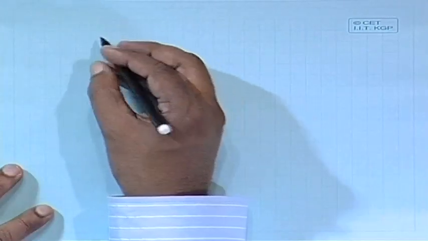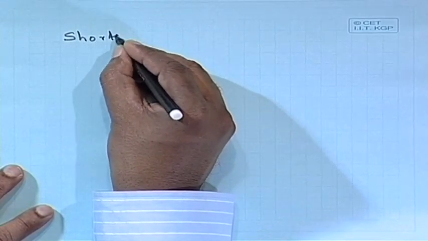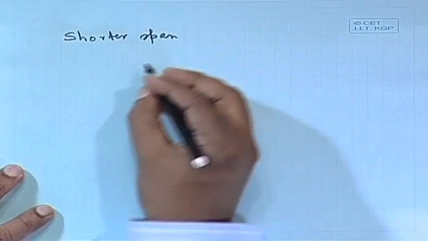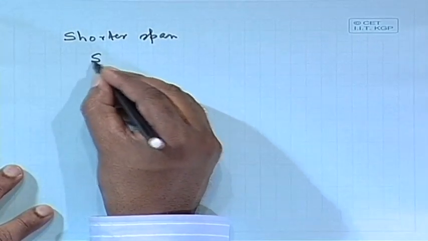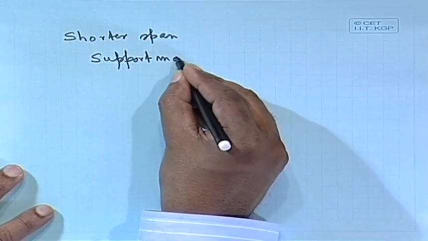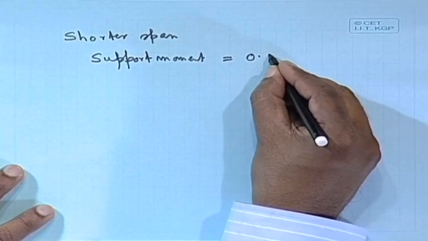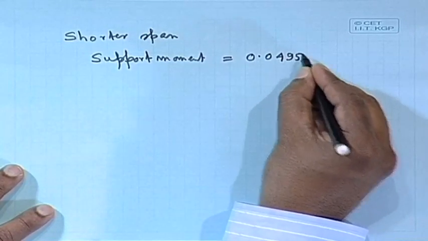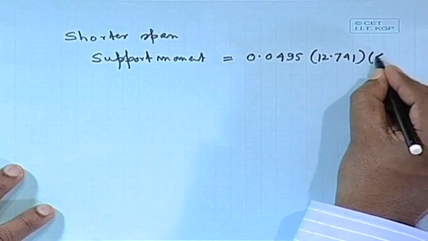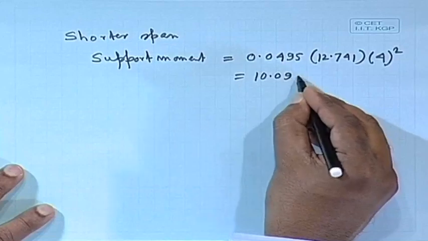So, shorter span, support moments: 0.0495 times 12.741 times Lx 4 square, which comes as 10.09 kilonewton meter.